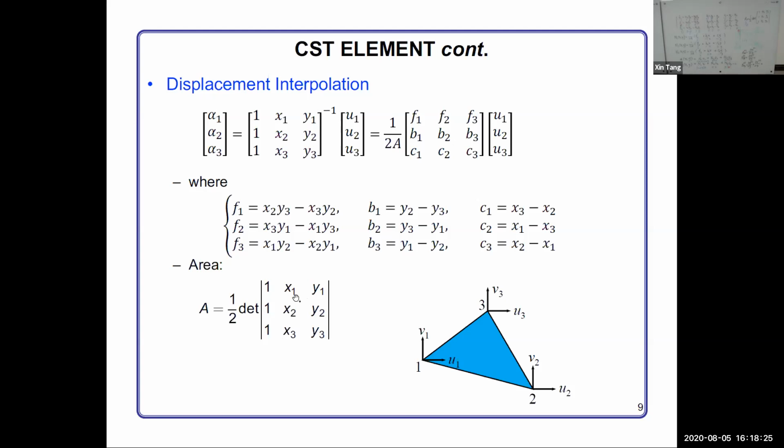So numerically, it also equals the area of the 2 triangles, and half of that, 1 triangle, equals the area of the CST element.